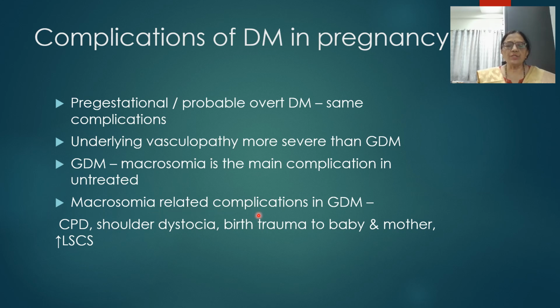Macrosomia-related complications are therefore more in GDM, such as cephalopelvic disproportion, shoulder dystocia, birth trauma to baby and mother, and increase in incidence of cesarean sections.